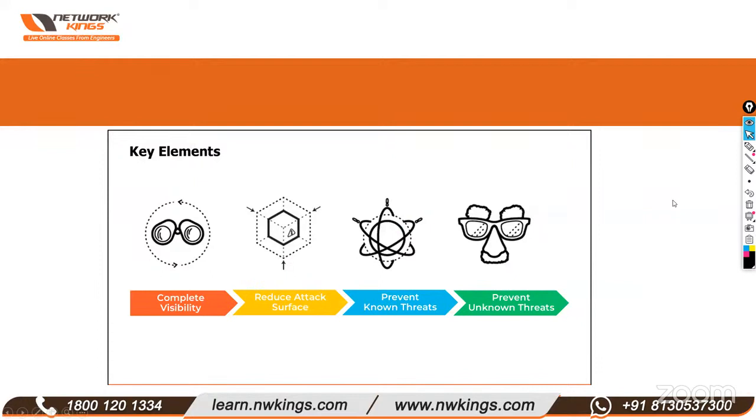Now, whenever you implement a Palo Alto firewall in your network, as it has complete visibility, you can understand if there is a vulnerability or something like that, you can fix it and you can reduce those attacks in your network. Okay. How does it do it?